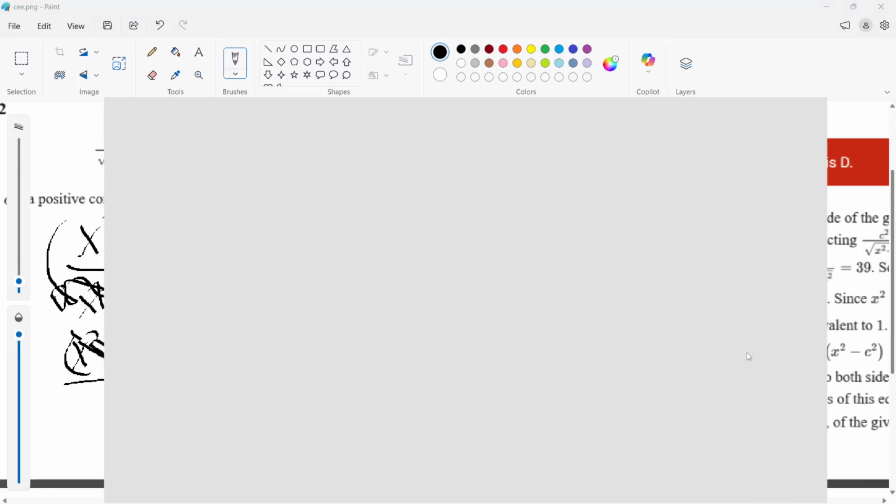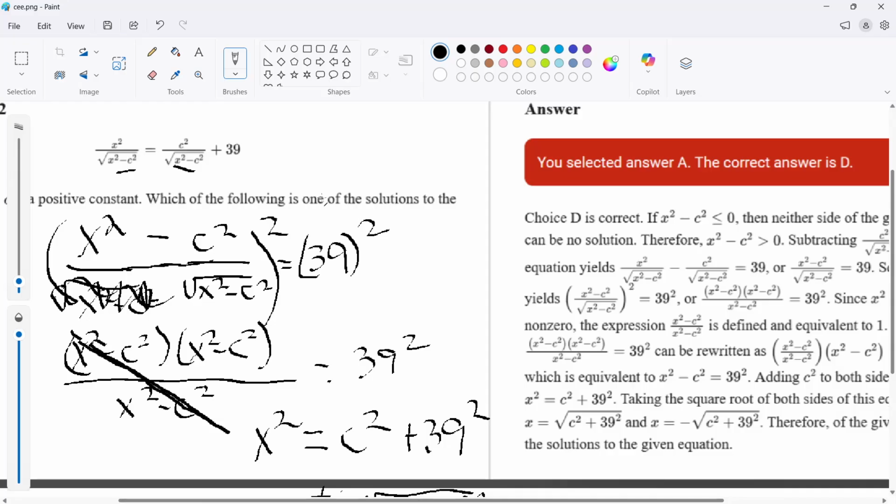If you would like to try it with Desmos, I'm going to type this equation, and I'm going to separate it. I'm going to do y equals the left side, y equals the right side, because sometimes if I just write the equation as it is, it's going to give me solutions, but I won't be able to click on the lines and see what those numbers are. And if they're not whole numbers, I could be in trouble.